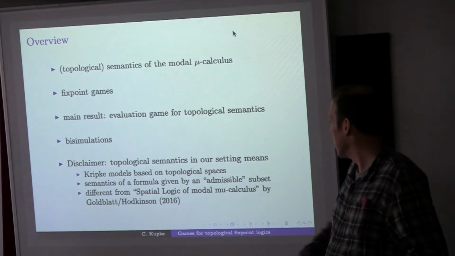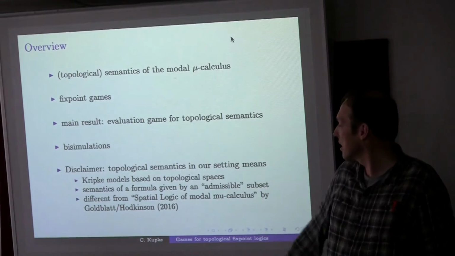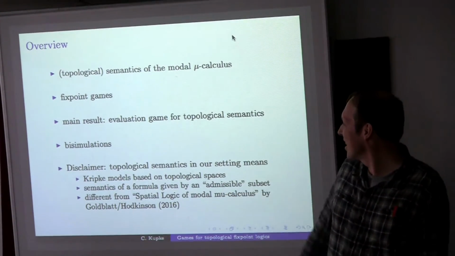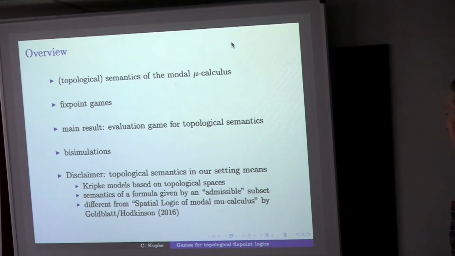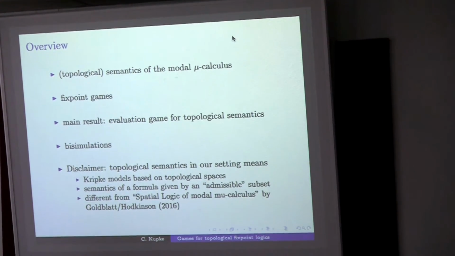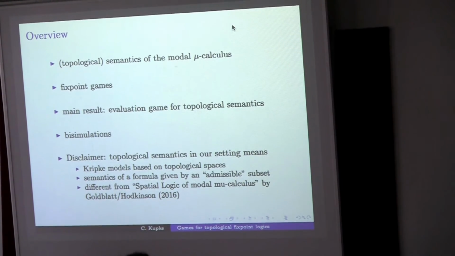And there's some very recent work on this by Rob Goldblatt and Ian Hodkinson, but this is not what we are doing. This is a volume of more than 100 pages, I think. So if you want to know more about the interpretation of the mu calculus in terms of interior and closure, this is your friend.